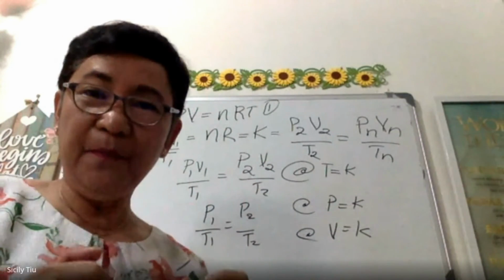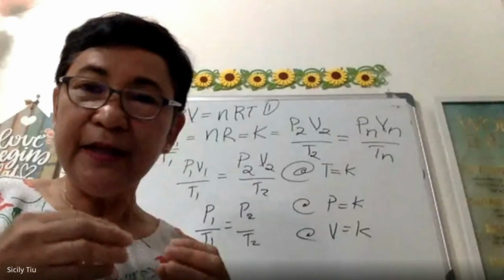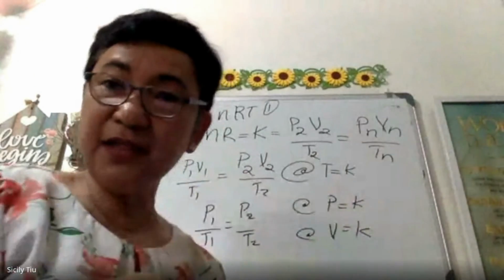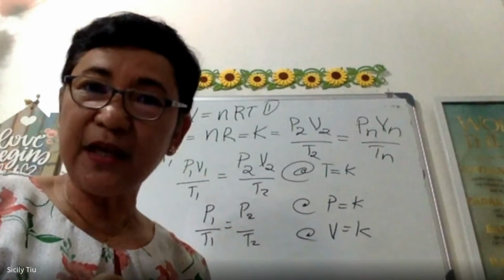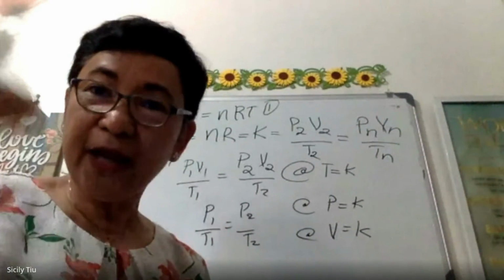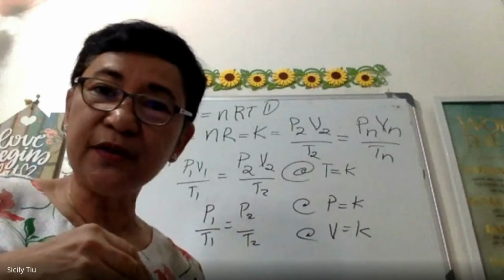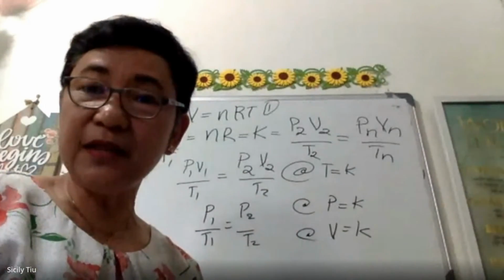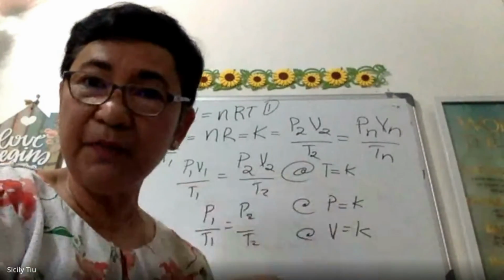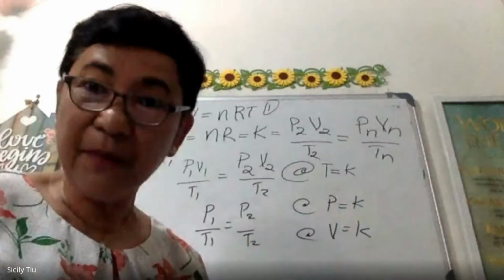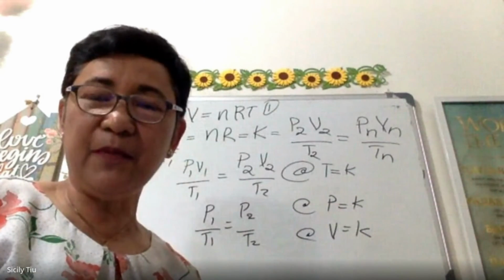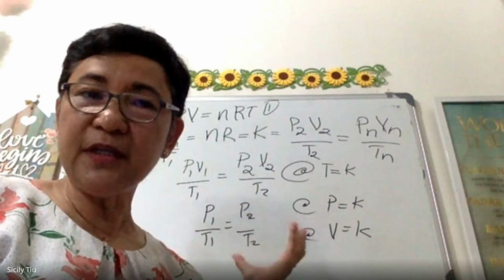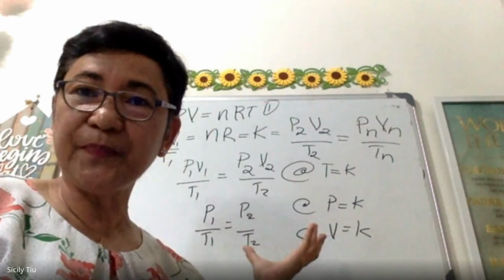So, you can be more confident now that you are using your mathematics and incorporating chemistry and vice versa. Your chemistry is being used to exercise your math skills, and your mathematics is used to understand chemistry without memorizing. Okay? So this is about your gas law.